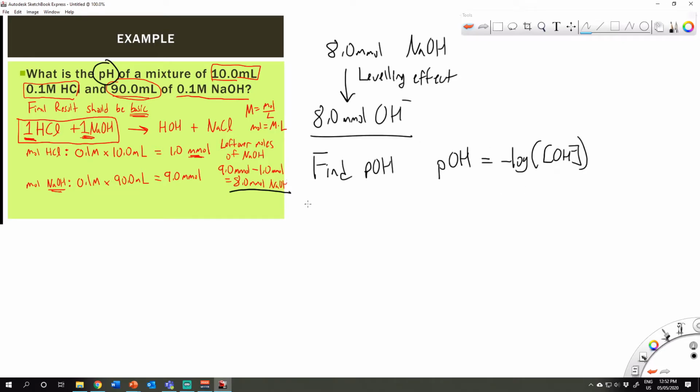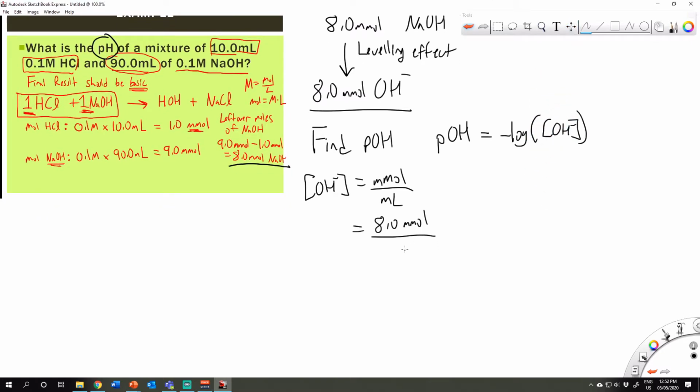Now the concentration of hydroxide we can calculate as moles, or in this case millimoles per milliliter. So we have our 8 millimoles of hydroxide. Now because we are mixing these, the total number of milliliters will actually be the 10 milliliters plus the 90 milliliters.